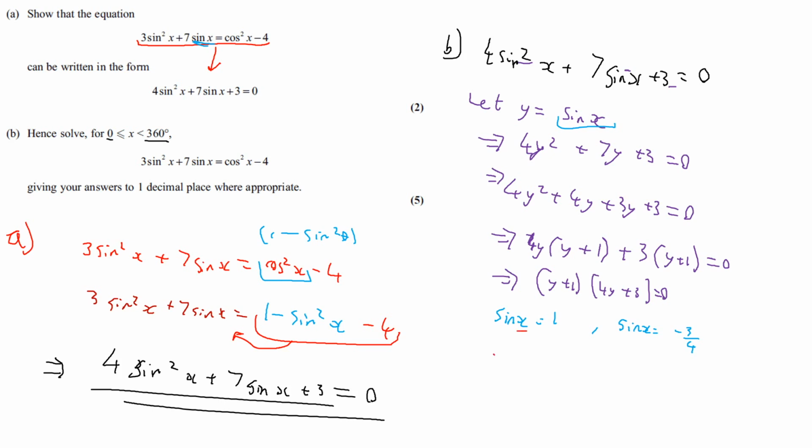For the first one, x is going to be equal to 270. For the second one, if we plug that into our calculator, you should get minus 48.6. However, it's between 0 and 360, so we can't use that.